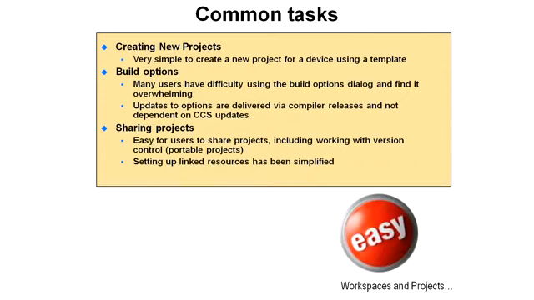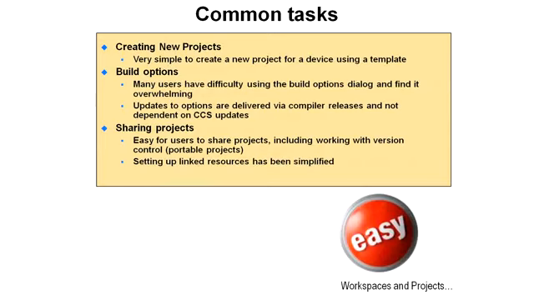The build options previously were difficult to use for some users, and many found it overwhelming. There were literally thousands of choices that you could make. Now updates to the options are delivered via compiler releases and not dependent on Code Composer Studio updates. You can decide when to apply those compiler updates or releases to your design if you want to do it.